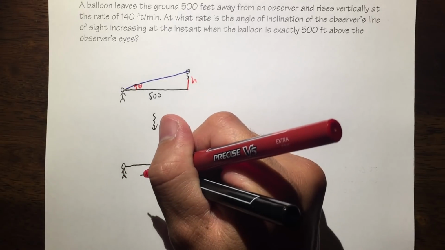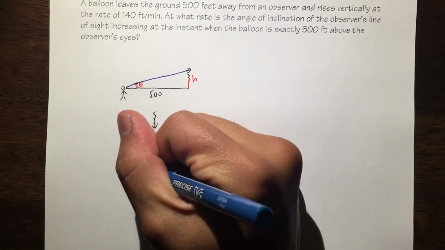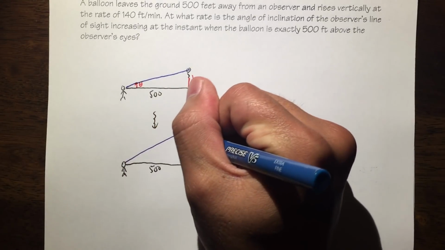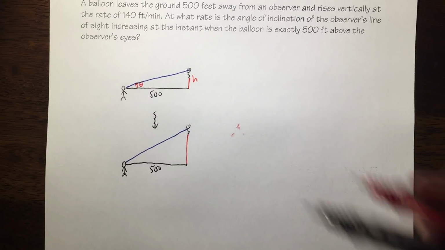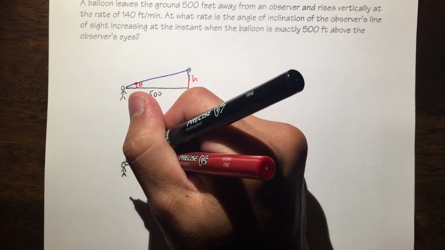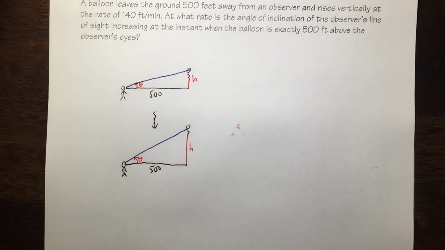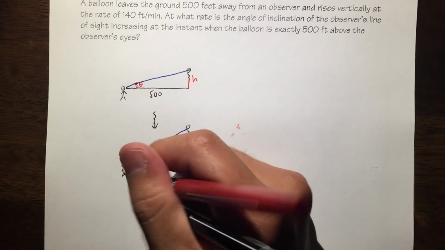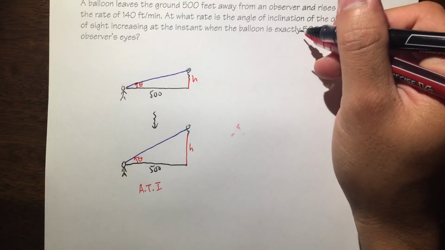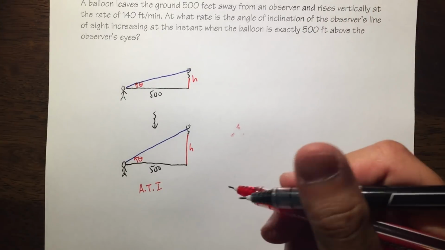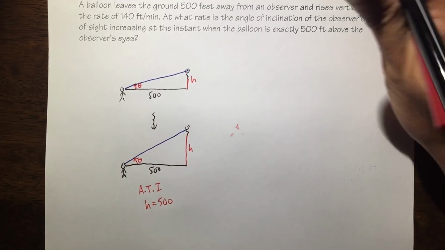This distance is always 500. Even though this distance is also changing, we don't really care, because the question only asks us to build a connection between h and theta. And this is the picture at the instant when the balloon is 500 feet above the ground, meaning we want h to be 500.